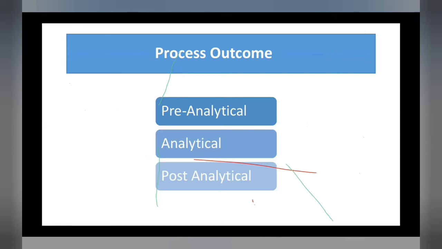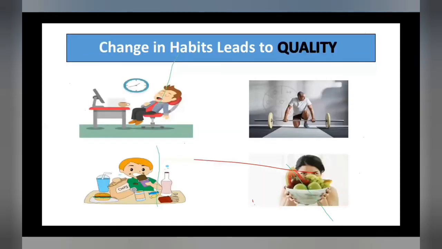So we have to see what are the areas where we can apply this Six Sigma in the process outcome, in the pre-analytical phase, in the analytical phase, and in post-analytical phase. For this, we have to change our habits. When we are changing our habits, only then we can improve in that area. Otherwise, whatever has been happening since long, same thing will keep on happening for the rest of the period also.